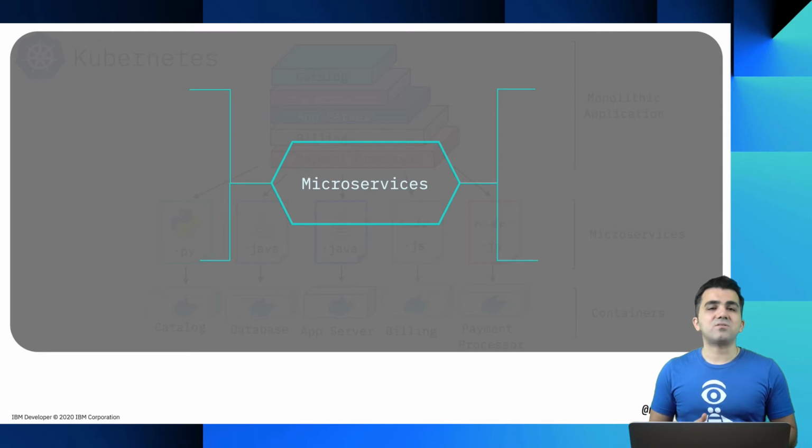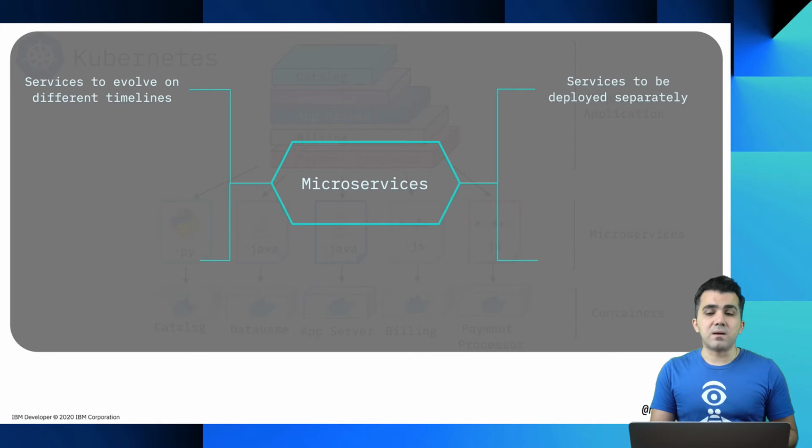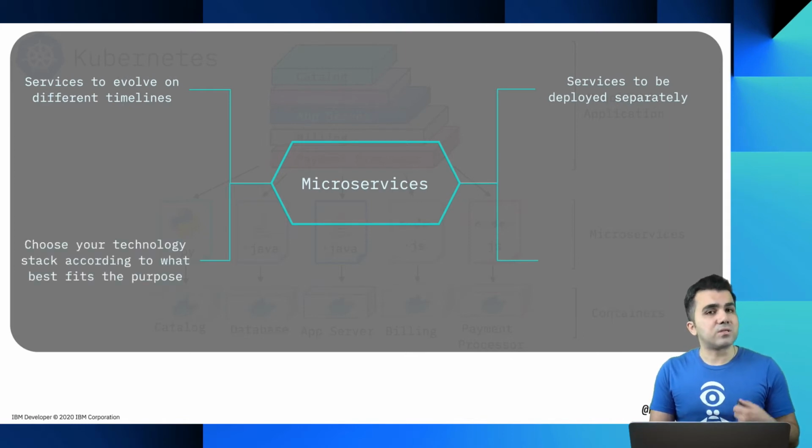Microservices architecture addresses all of the liabilities that are inherent in monolithic applications. It allows different parts of our application to evolve on different timelines. They can also be deployed separately, and you can choose your technology stack for each microservice as it best fits the purpose.